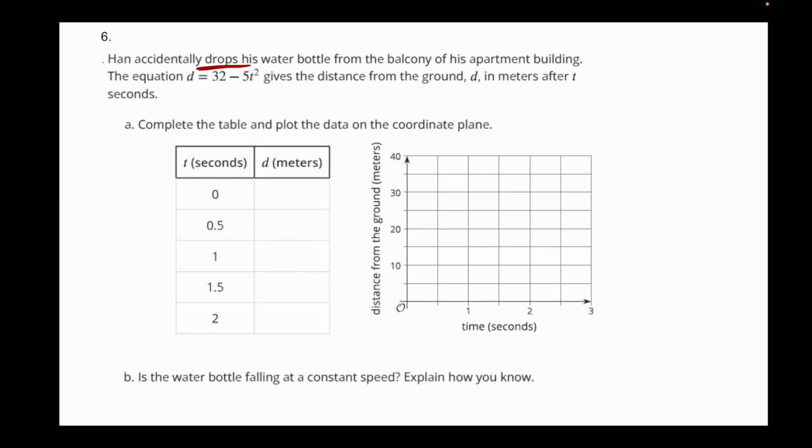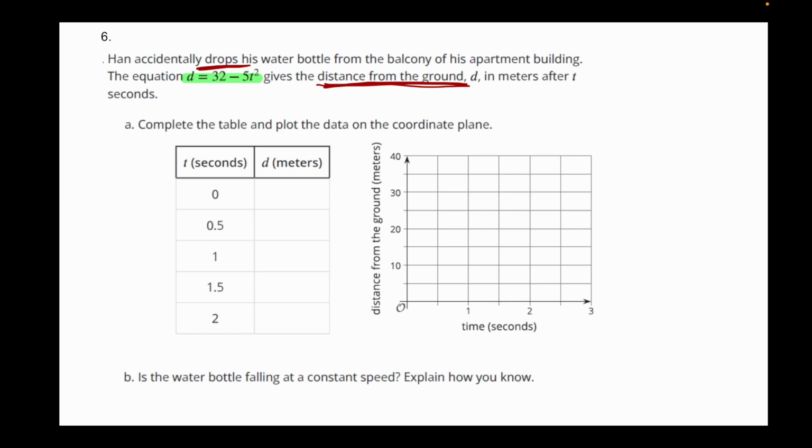So the equation d equals 32 minus 5t squared gives the distance from the ground in meters after t seconds. So I like to highlight my equation, and we want to know it's the distance from the ground, so that's important for us to know. And we want to complete the table and plot the data on this coordinate plane.